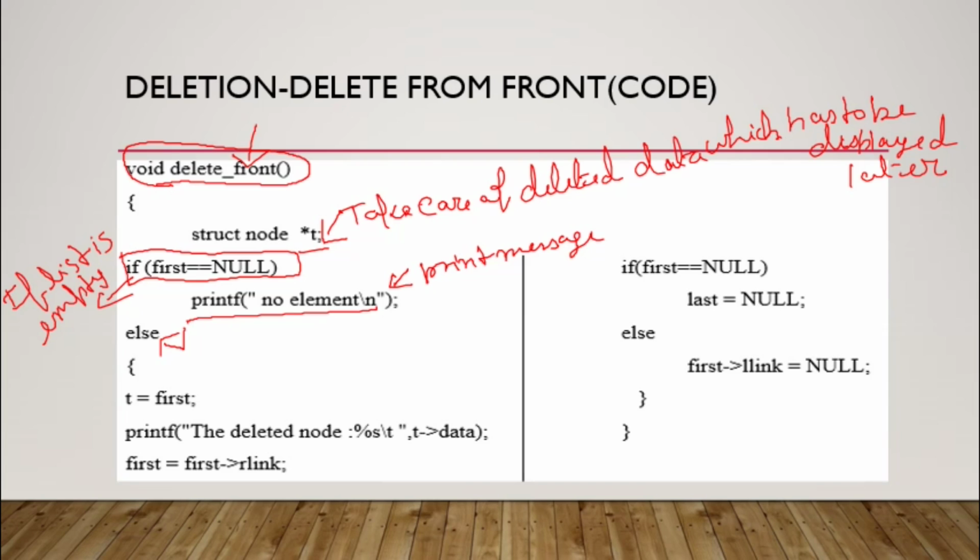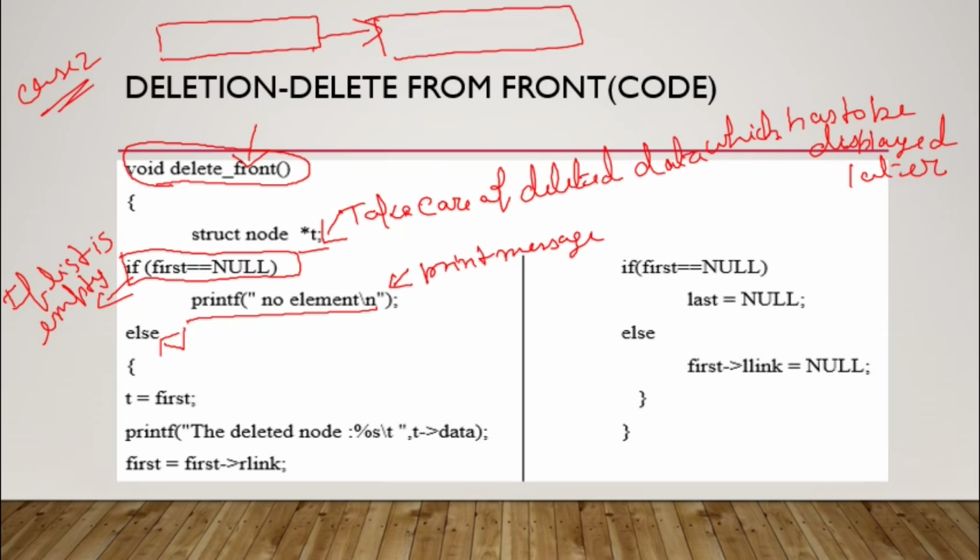As shown in the example, students, let us draw one node here for our case 2 where the list is there. Let me take only two elements for simplicity. We know that 20 was here, and 10 was here. It's a doubly linked list, so there will be two connections.